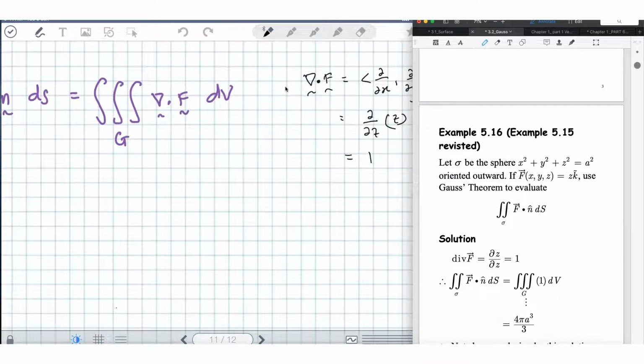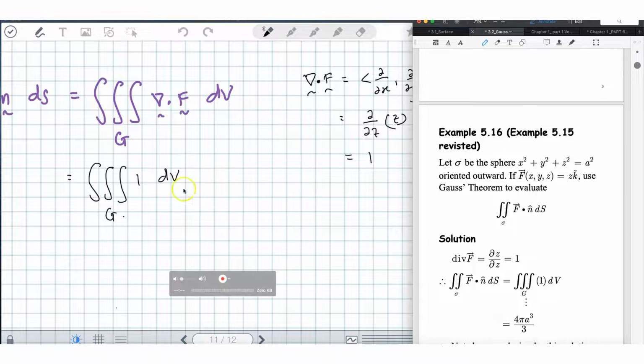Now we plug into the formula using the Gauss theorem. You have the triple integral of 1 dV over G. If you relate this to the triple integral that you learned before, when you have 1 dV, you are actually computing the volume, right? But it's not necessarily a volume; it depends on the divergence that you obtain.